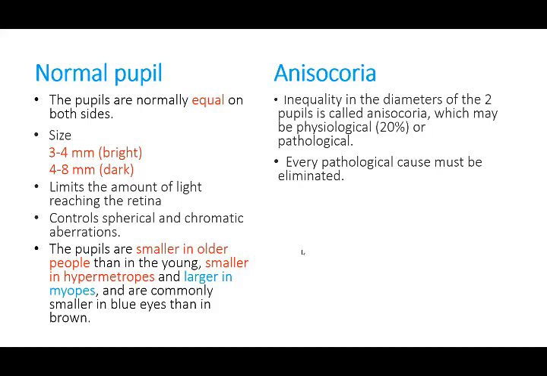Now there is another term, anisocoria. Anisocoria means inequality in the diameter of the two pupils, which may be physiological in 20% cases or pathological. So every pathological cause must be ruled out. So we will talk about causes of anisocoria.